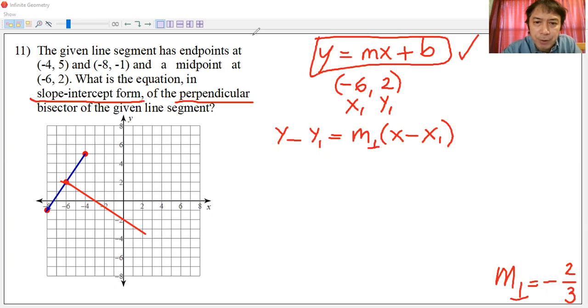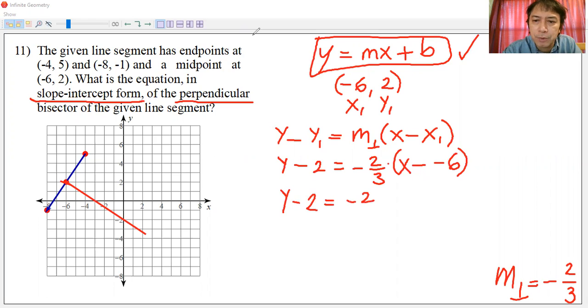So let's use the numbers. y minus 2 equals negative 2/3 times the quantity x minus negative 6. We will simplify this. y minus 2 is equal to negative 2/3 times x plus 6.